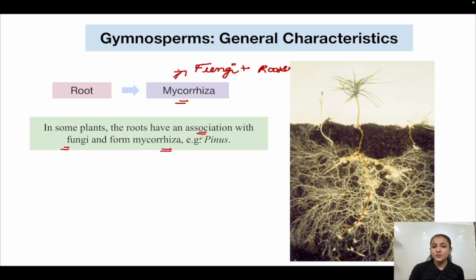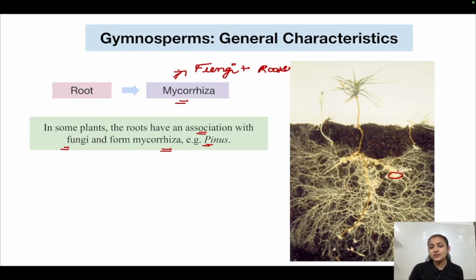In gymnosperms, one of the examples of this mycorrhizal association is seen in Pinus. As you can see in this image, this is a Pinus seedling that is growing. This is its root system, and these white colored, cloudy mesh-like structures that you can see are the fungi. They are growing attached to the roots in association with these roots.